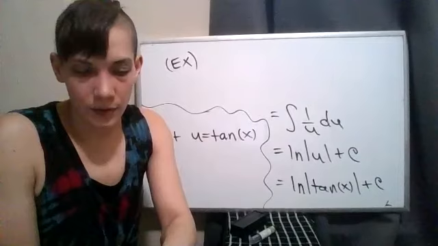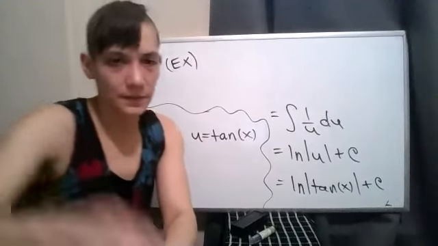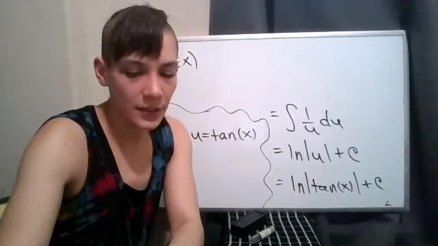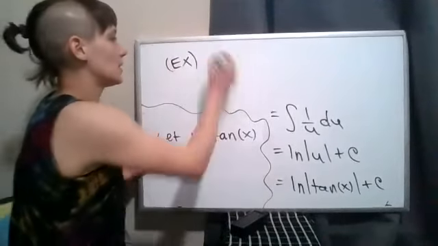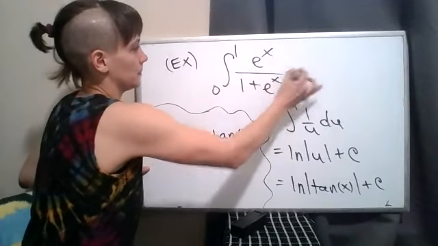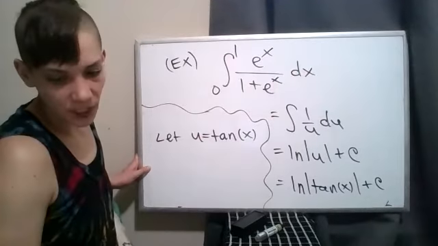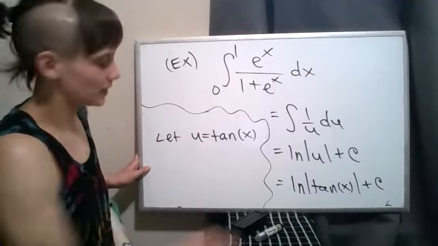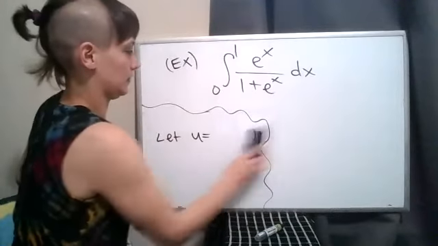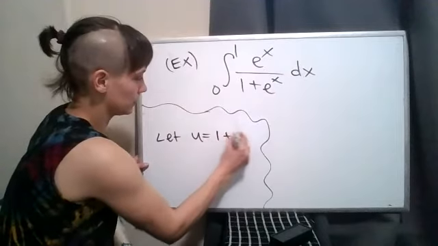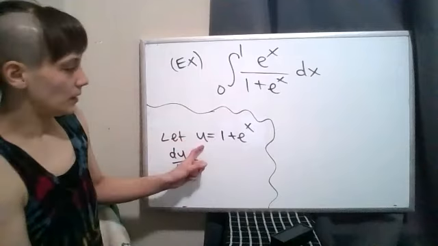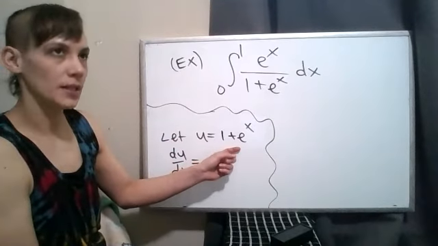All right. The integral from 0 to 1 of e to the x over 1 plus e to the x. We're going to let u equal 1 plus e to the x. The derivative with respect to x is going to be 0 plus e to the x.